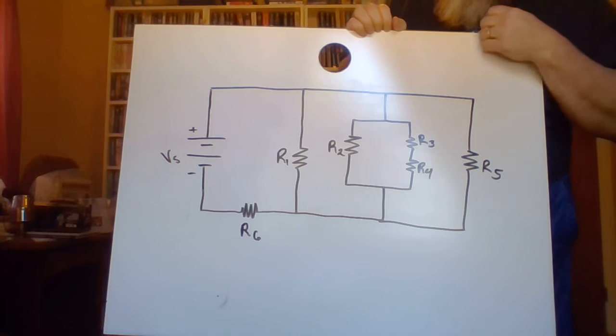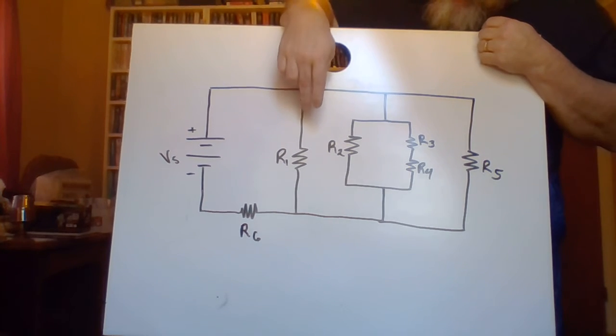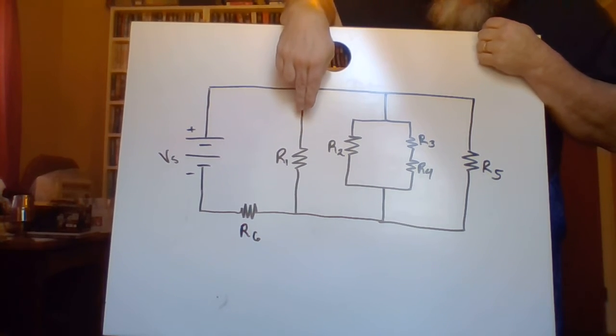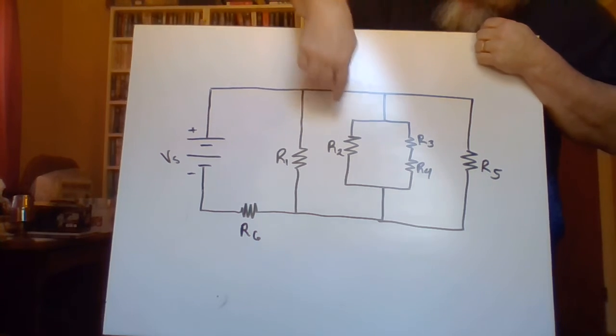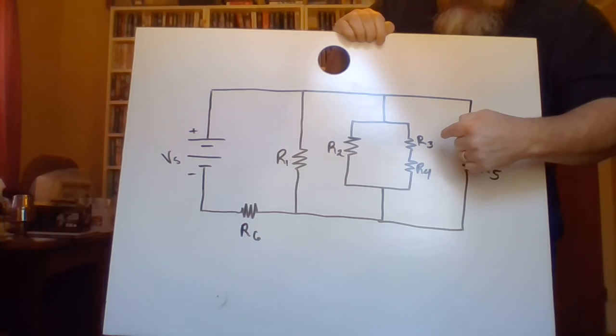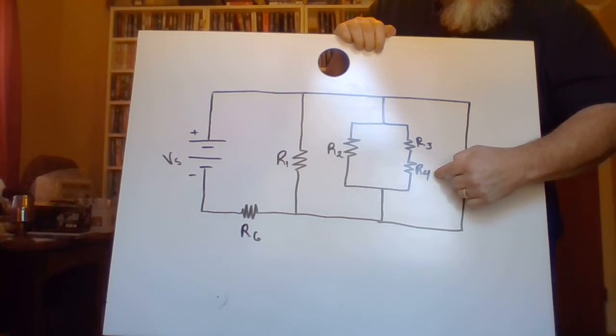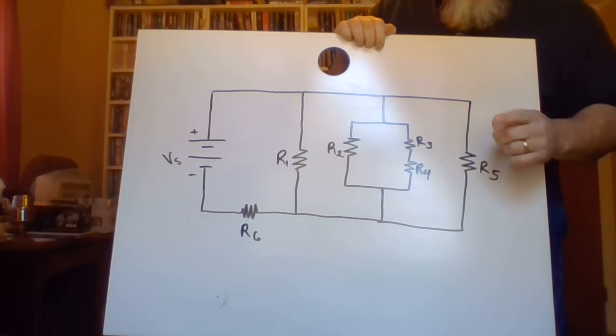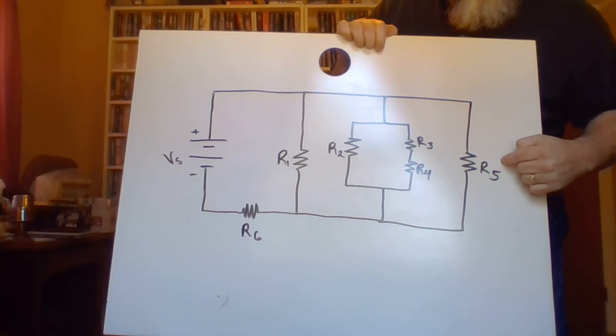All right. Now, for our expressions here, notice that we would say R1 is in parallel to this group, R2, R3, and R4, and it's also in parallel to R5.